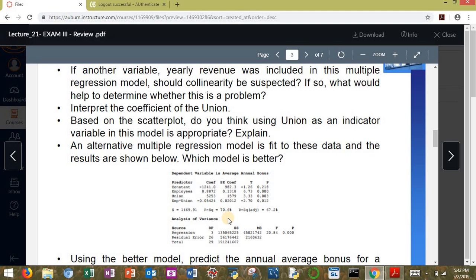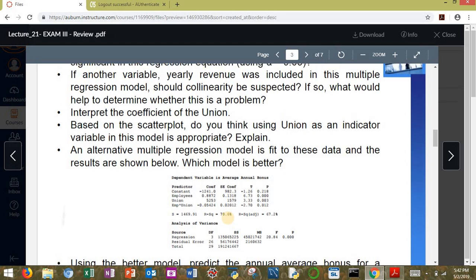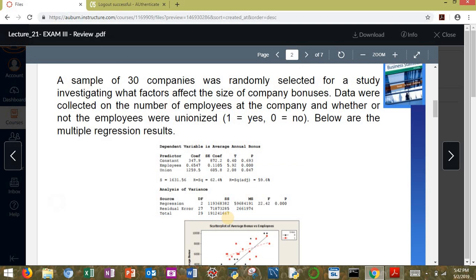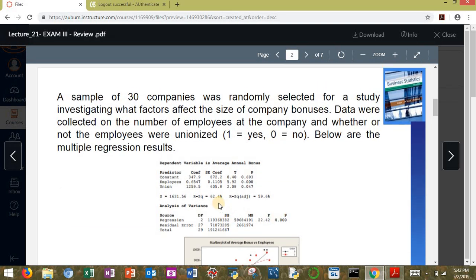We want R squared to be as close to 100% as we can get it, because that shows how reliable our model actually is. So we can go to the first model, and we see that we have an R squared value of 62.4%. So this model is 62.4% accurate.